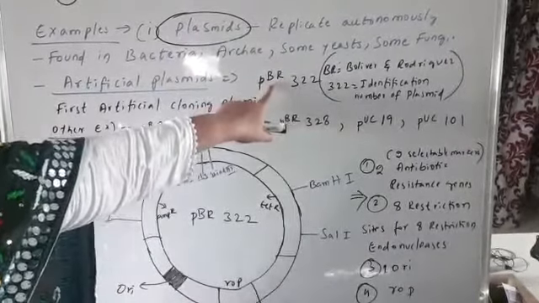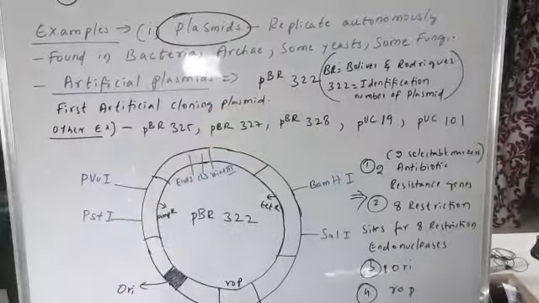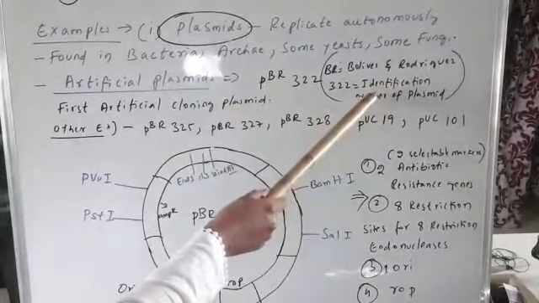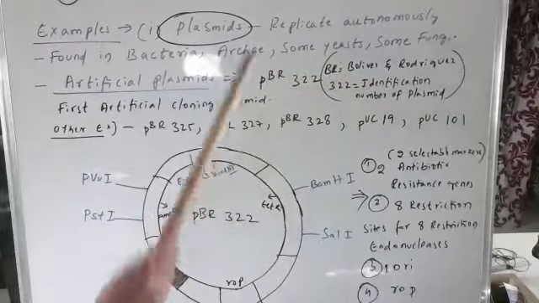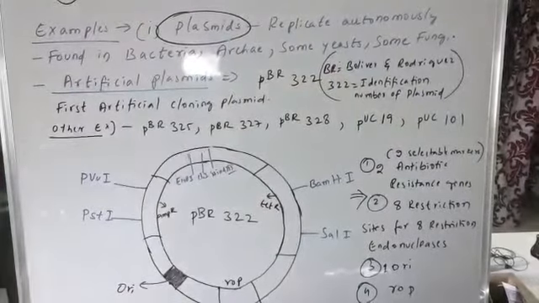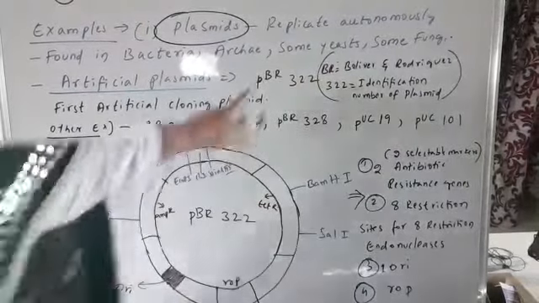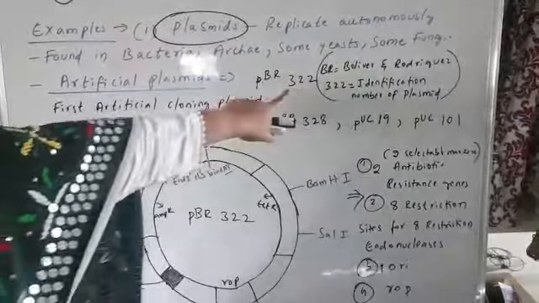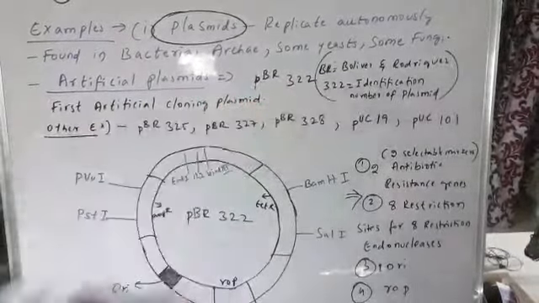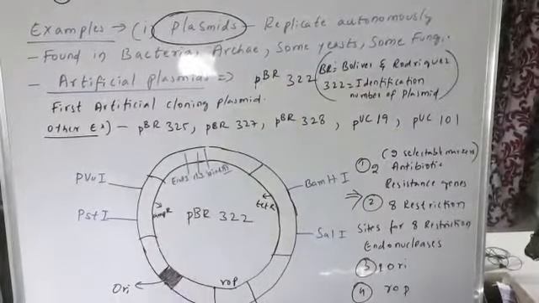BR are the names of the scientists who constructed this plasmid, pBR322. And 322 is the identification number of this specific plasmid. For every plasmid they construct in the laboratory, they give names and numbers. So 322 is the identification number of the plasmid.